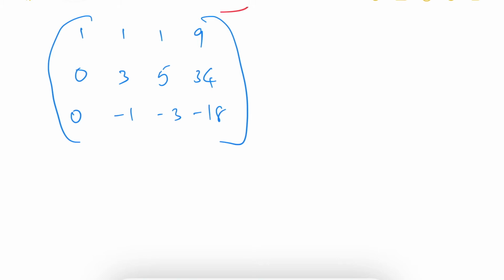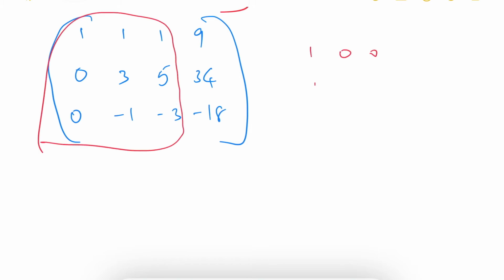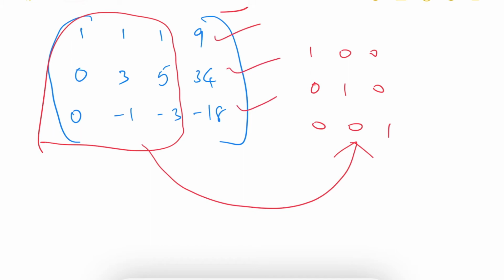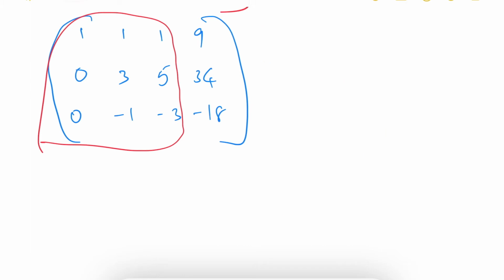Otherwise, if it is not possible, we need to bring these three columns to 1 0 0, 0 1 0, 0 0 1. After making these three columns like this, whatever numbers remain in the last column, those values will become x, y and z values. So by some row changes we will get some answer. Let us find out what it will be.